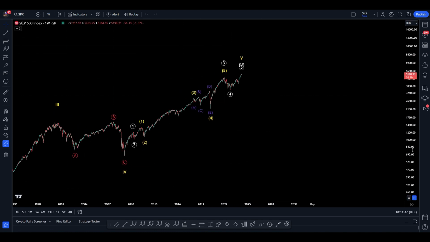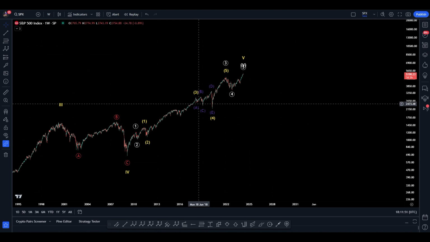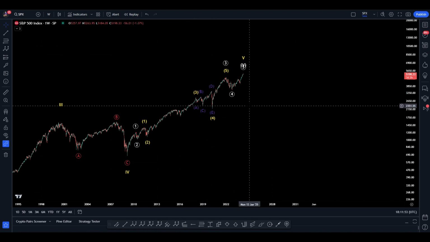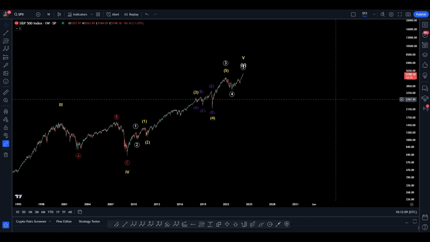Somebody had commented that this here is a triangle. Yes, it's an expanding triangle, and that whatever follows a triangle has to be the final wave. I said, yes. I don't understand the question, right? Yes, that is true.